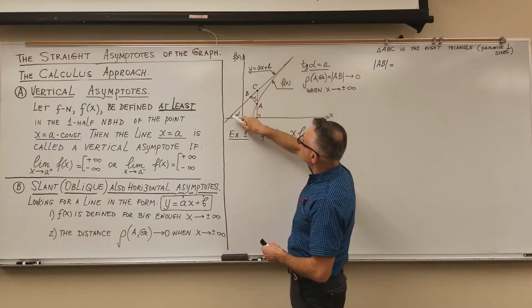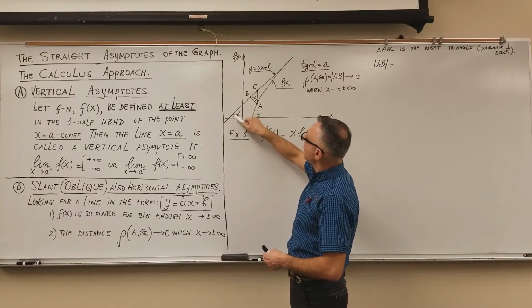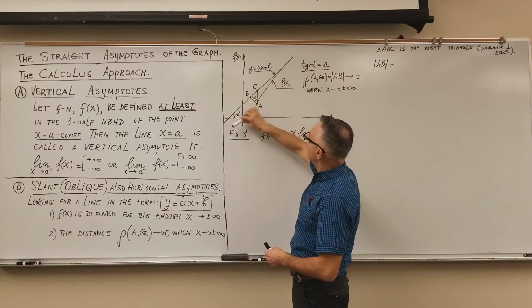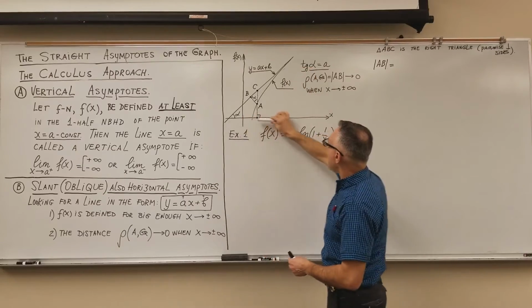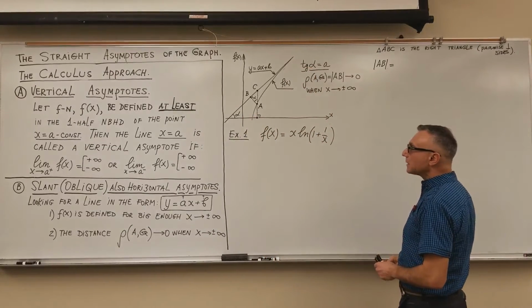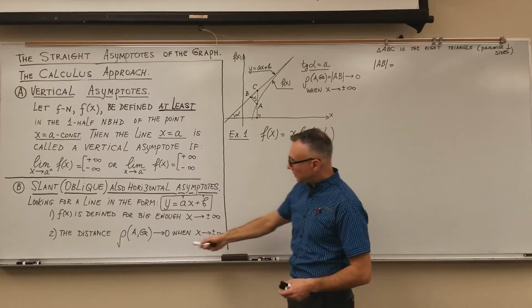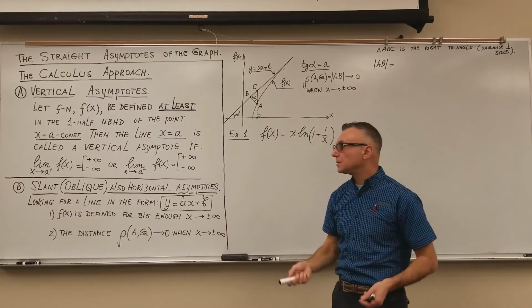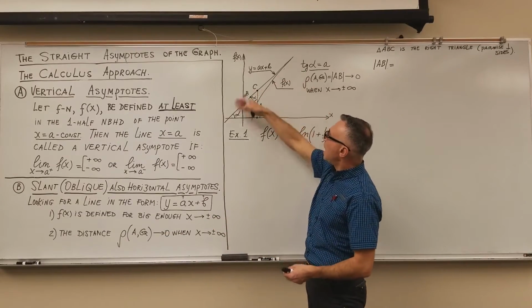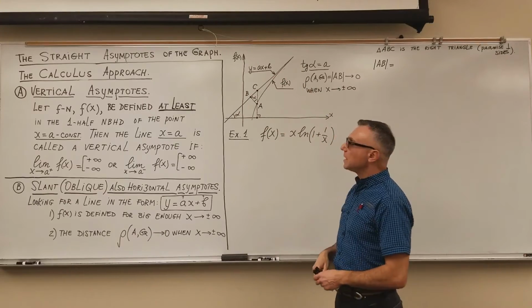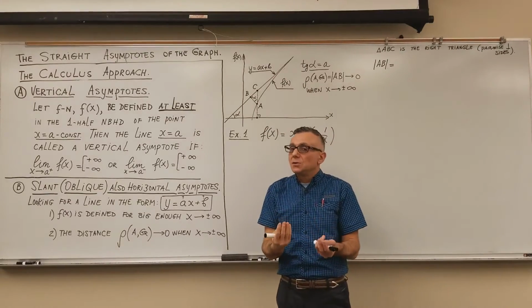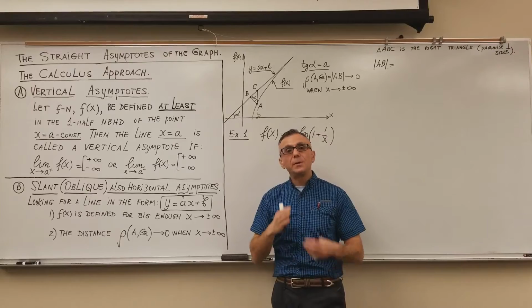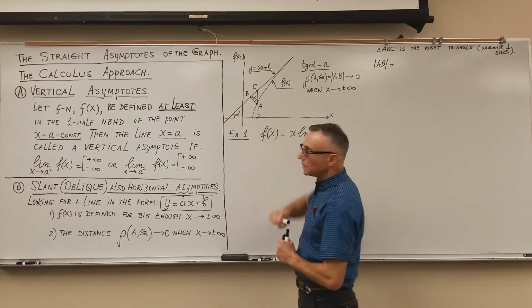The asymptote in general has the angle alpha between the direction of the line and the positive direction of x. And the second condition, I need to look at the distance. The distance between my graph and the asymptote straight line is, we know, the shortest segment, which has a perpendicular direction from the point on the graph.